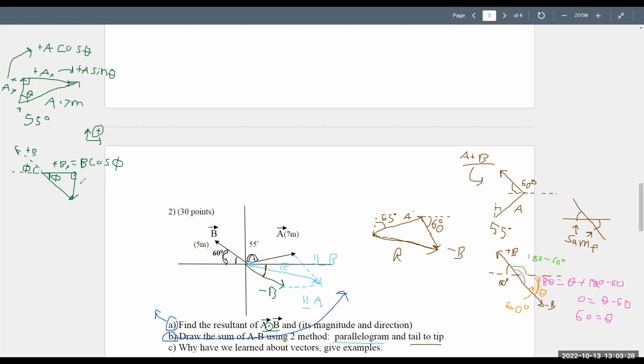So your negative BY, which is your negative B sine psi. Sorry, psi. That's just so that we have different symbols for each angle.